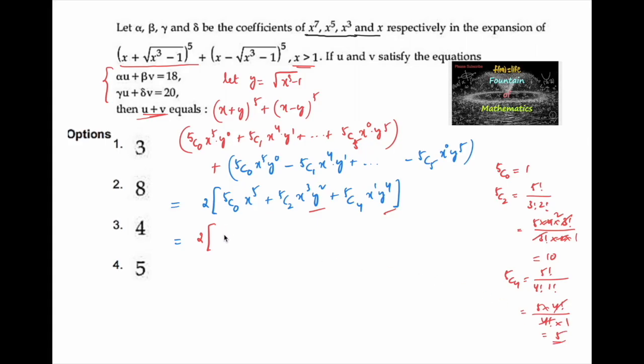So here 5c0 we can write 1, so x to the power of 5, and 5c2 value is 10 times x power 3 into y square. Since y is equal to root of x power 3 minus 1, we can write x power 3 minus 1, plus 5c4 value is 5 times x into y power 4, we can write x power 3 minus 1 whole square. So here we can write 2 times x to the power of 5, or we can take the 2 inside.